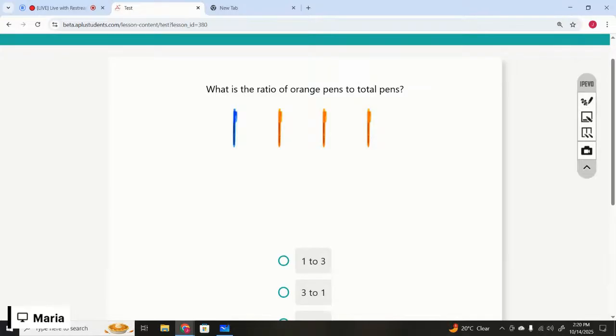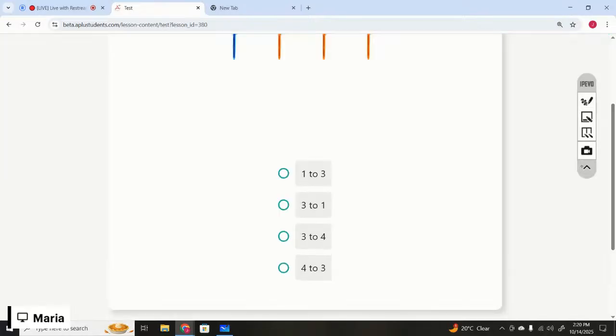Orange to total. That is 3 to 4. Option number 3 is the correct option.